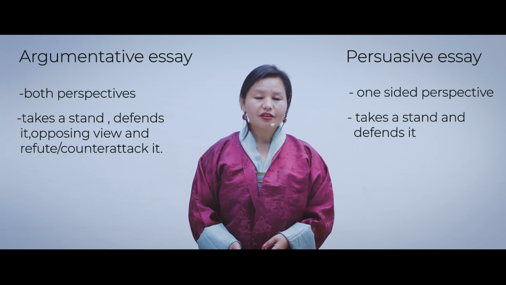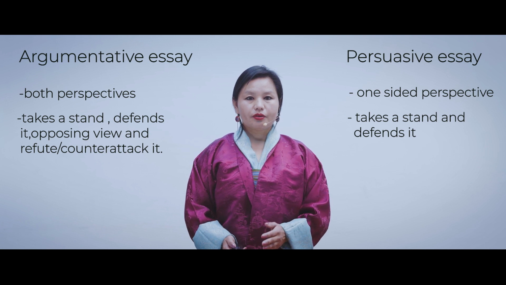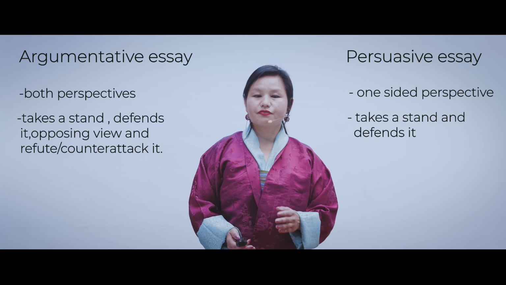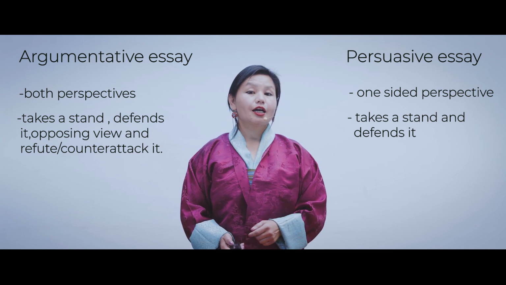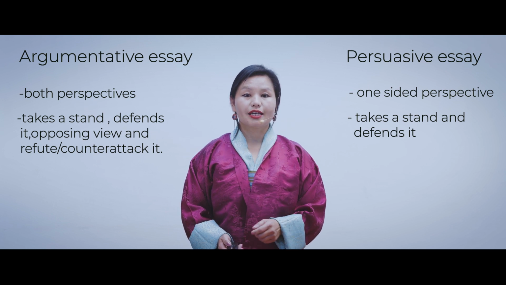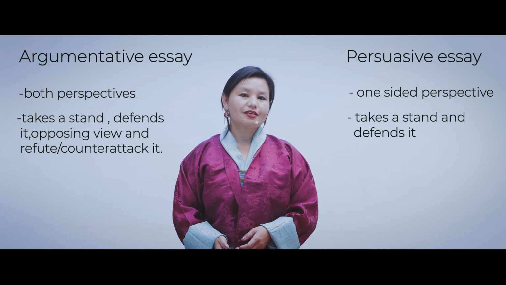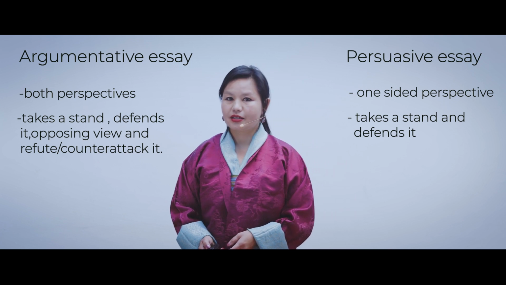And one striking feature of argumentative essay, which makes argumentative essays very different from persuasive essay, is the writer comes up with the con, that is the opposite idea, and then refutes it. So that is the difference between persuasive and argumentative essay.